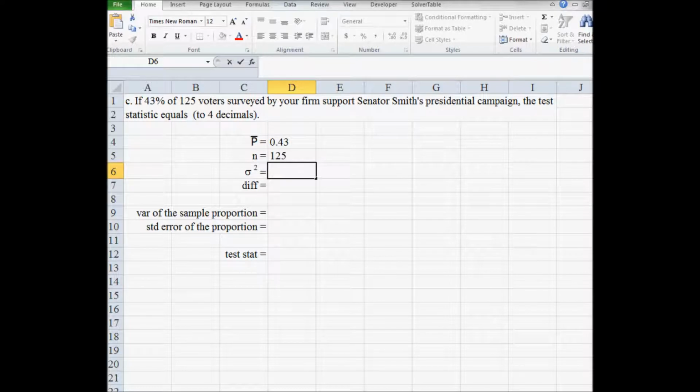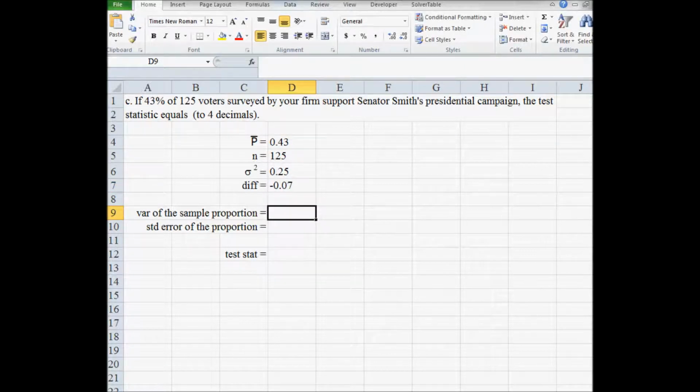Because this is a one proportion hypothesis test and the hypothesized value is 0.5, the variance of the underlying variable is the hypothesized value, 0.5, times 1 minus 0.5. The difference between the point estimate of the proportion and the hypothesized value is equal to P bar minus the hypothesized value of 0.5.